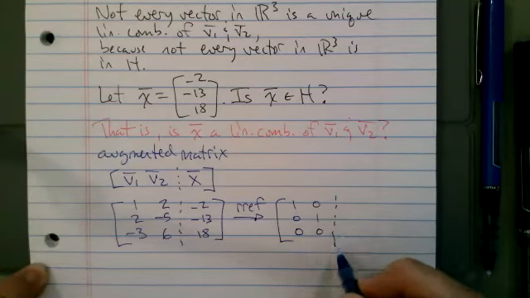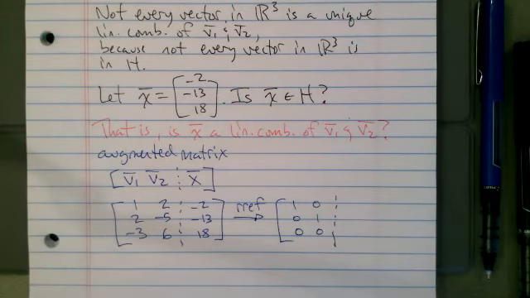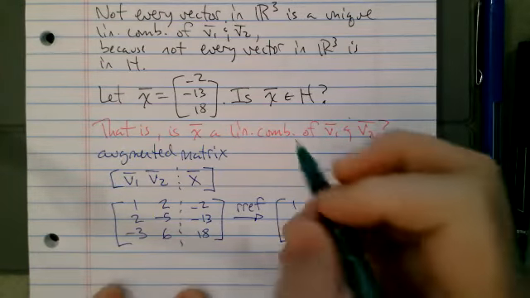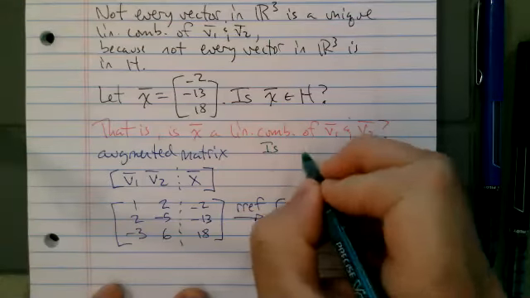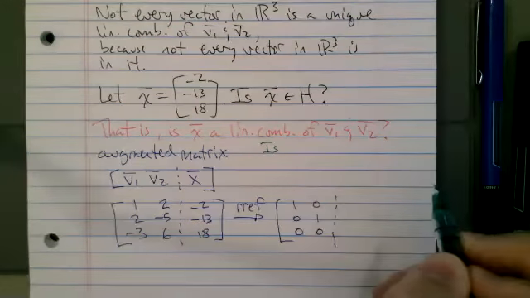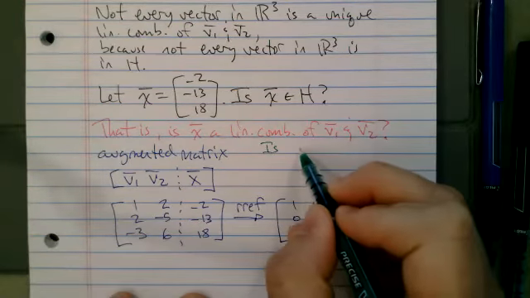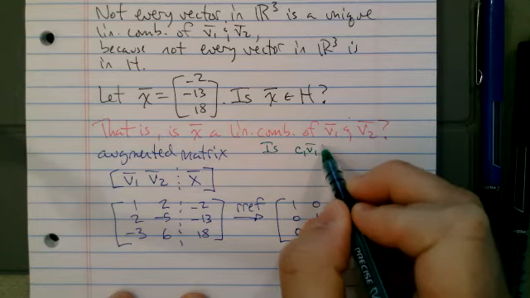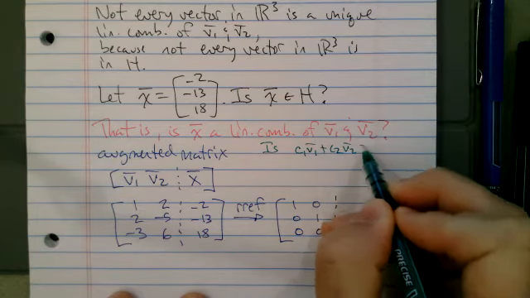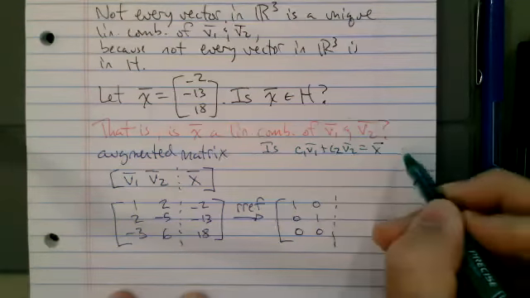Augmented matrices correspond to matrix equations. We're actually looking at a vector equation. So we're actually considering, is C1 V1 plus C2 V2 equal to x consistent?